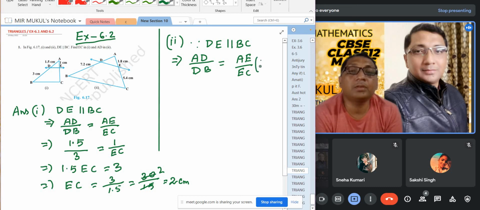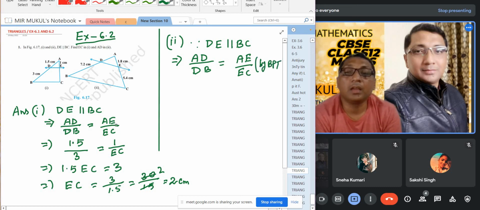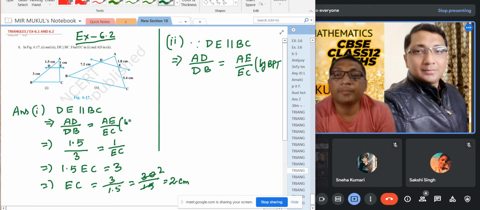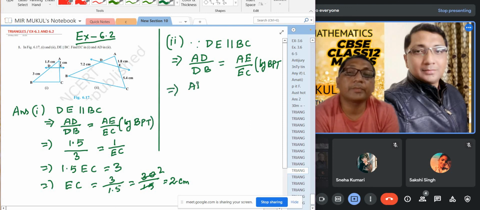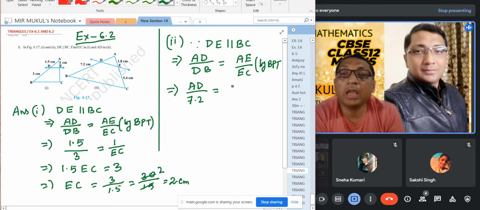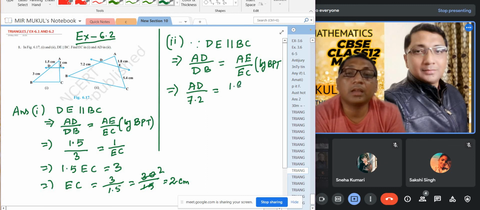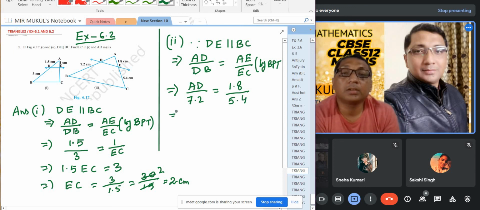Write in brackets here by BPT. Here also write by BPT. AD we have to find, and DB is given 7.2. The value of AE is 1.8 and EC is 5.4.